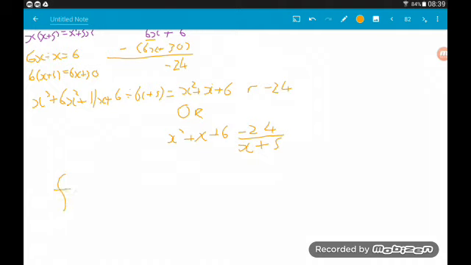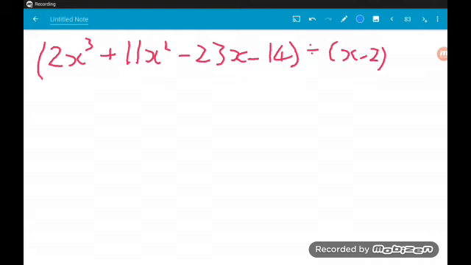So if you put in f of minus 5, then you will get minus 24, as we would hope. So it's nice when we can check our work, especially when it's this complicated. Good times.